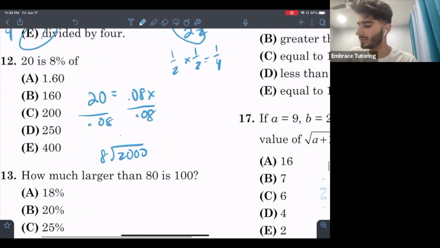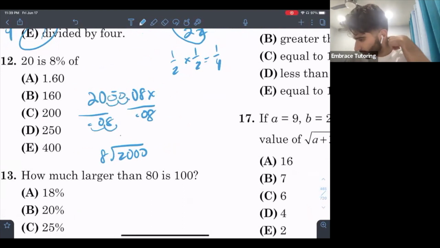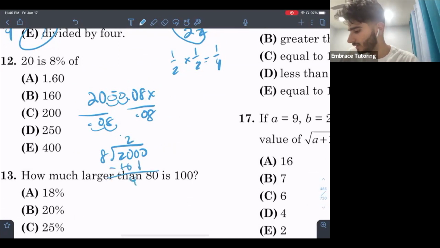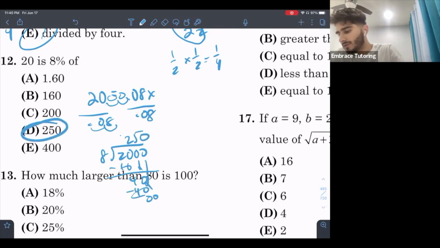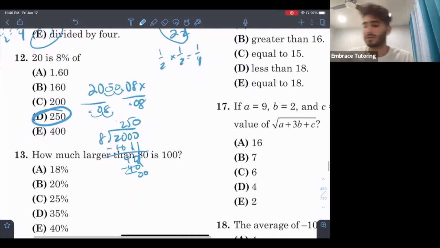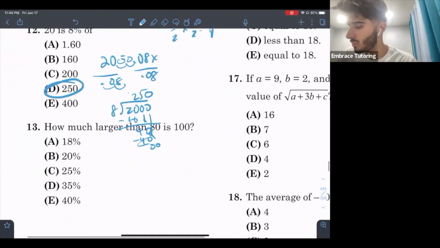And because you move this 2 places, you have to add 2 more. So it becomes 2,000. You can do this 2, 16, 4, 0, bring the 0 down, become 5. And then bring the 0, and then becomes 0, 250. And that is your answer for question 12, choice D. So just making sure, just a simple algebra based problem.